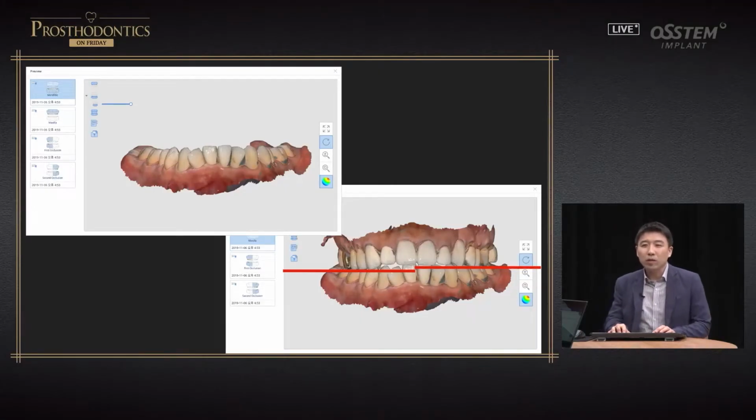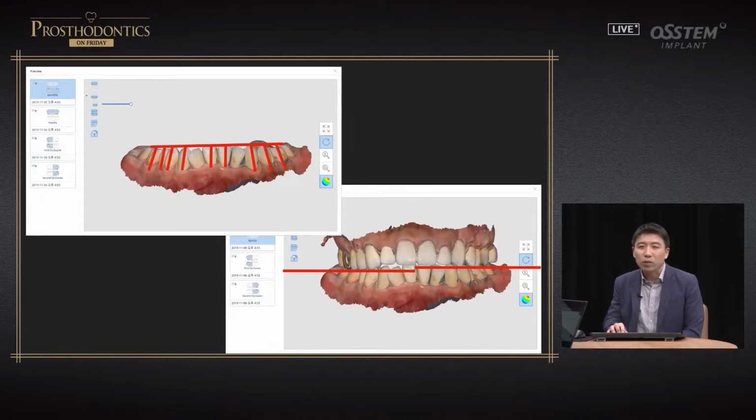Let's talk about oral scanners, which a lot of people use. When you do full mouth scanning, the occlusal plane is quite uneven, and the tooth axes are different from each other. When you fabricate prosthesis only using oral scan data, there are many difficulties. This is just some of the examples.